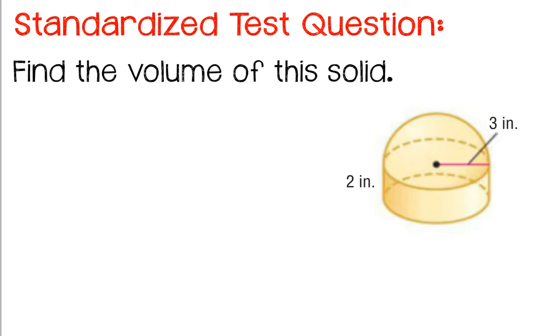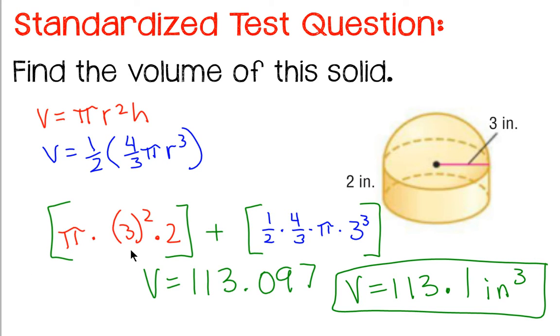So pause the video if you didn't catch that. Try it again, and then check your answer. So again, I have my cylinder, which is pi r squared h, and I have my hemisphere, which is half of the sphere formula. Pause the video if you need to investigate your answer.